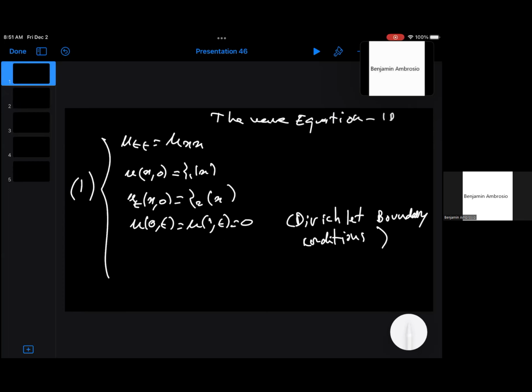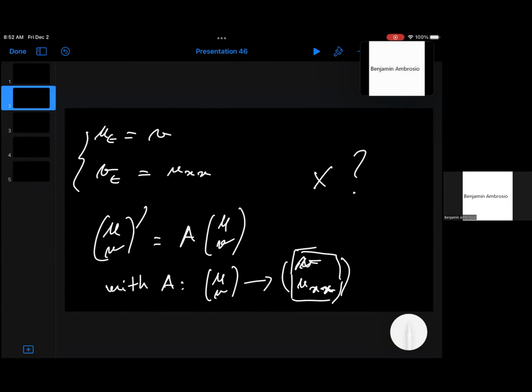So what will my space X be? X equals H1 zero, so the Dirichlet boundary conditions appear here. This is where u lives. And here, I will choose v in L2.